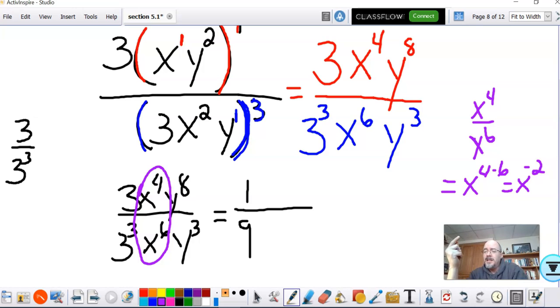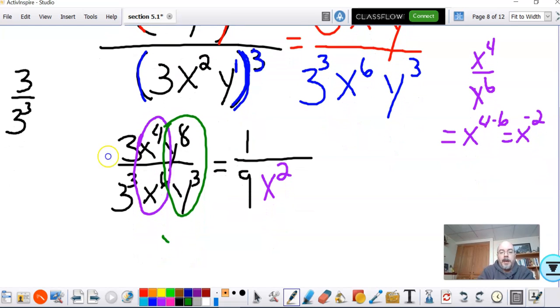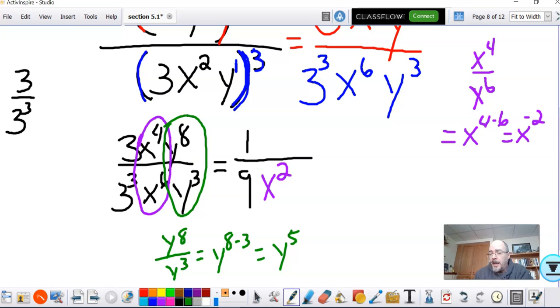So that means instead of being in the numerator, it's going to be in the denominator, and it's positive. So the x squared is going to go down here, so I keep it positive. Now the y to the 8th and the y to the 3rd, that's not so bad. 8 minus 3 is 5. It's already positive, so that one's going to stay in the numerator.